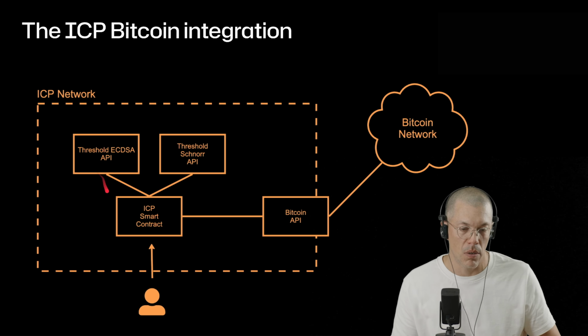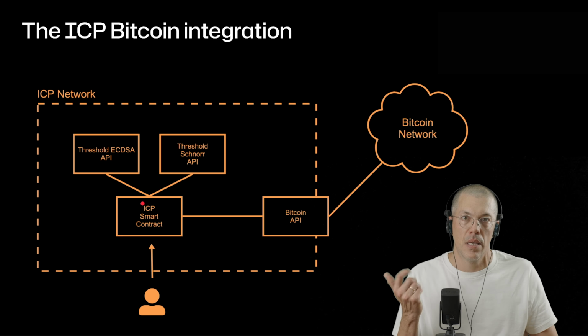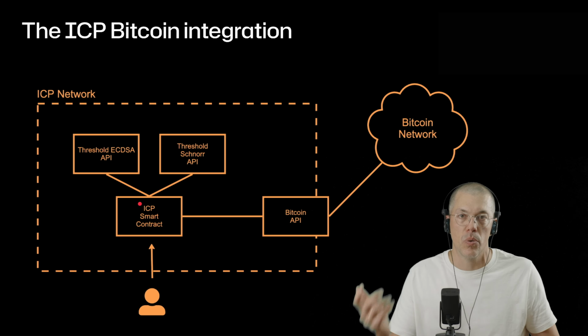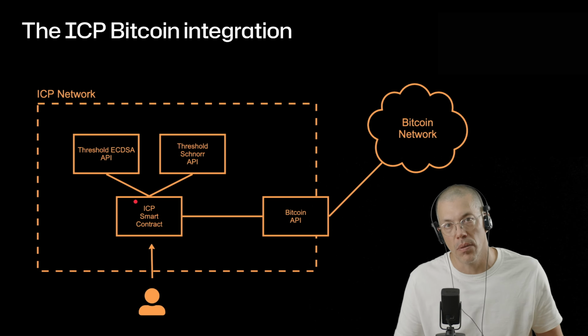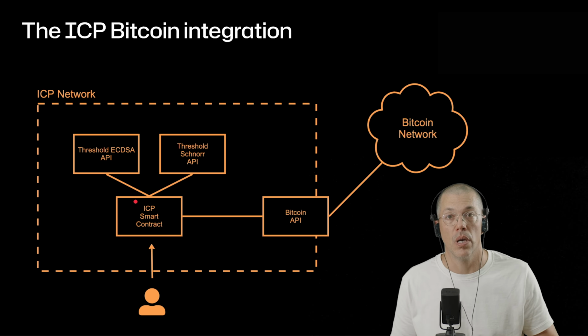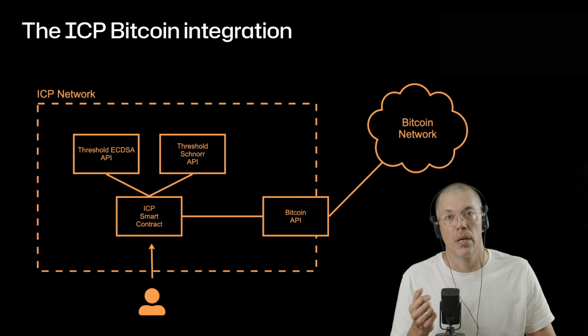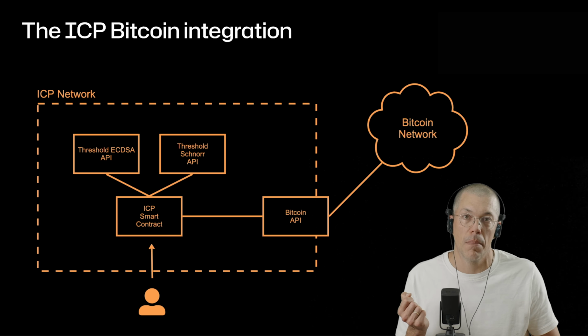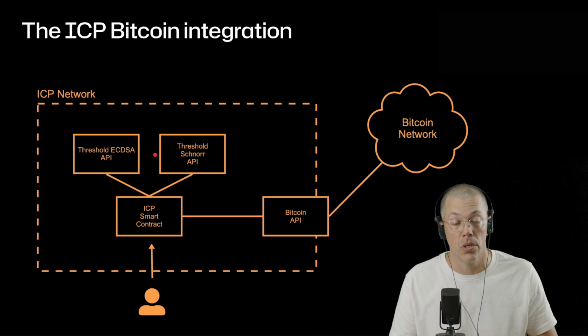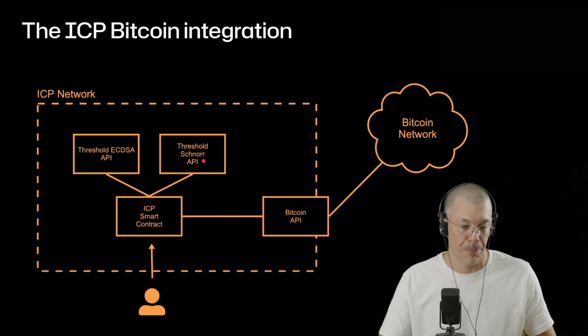Every smart contract on the ICP has its own ECDSA key, and can produce a signature based on that key for some data. And as you may know, the key cryptographic primitives used by Bitcoin are ECDSA signatures, as well as Schnorr signatures for the newer Bitcoin transaction types.